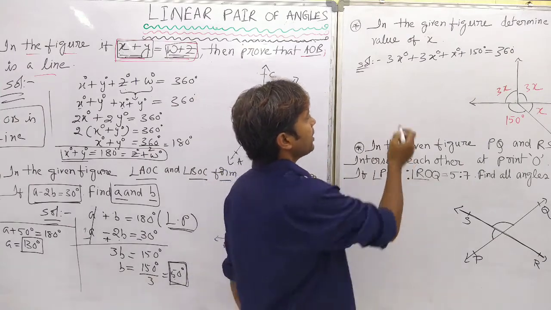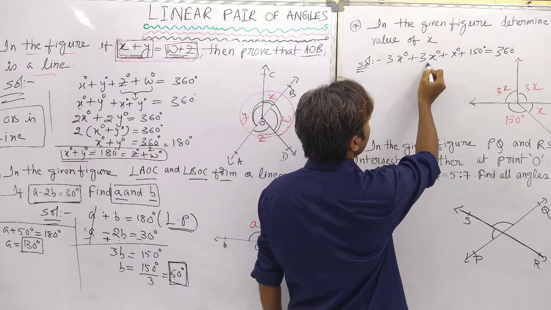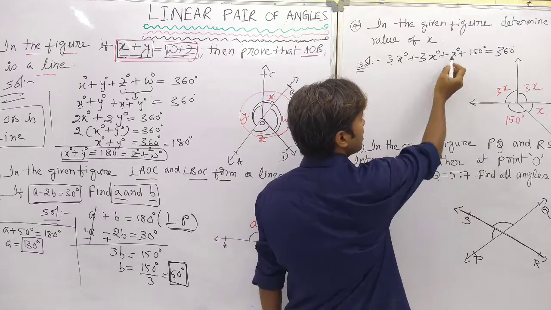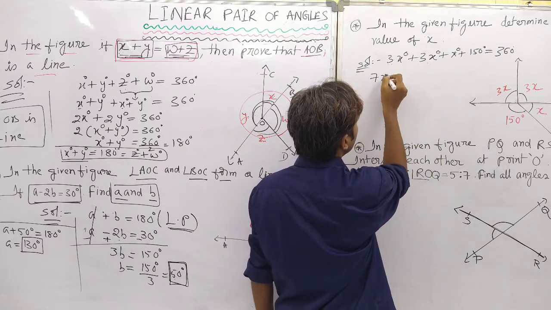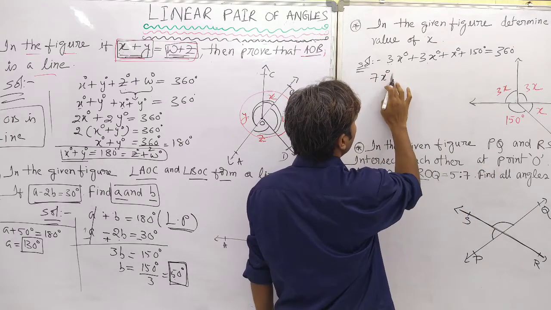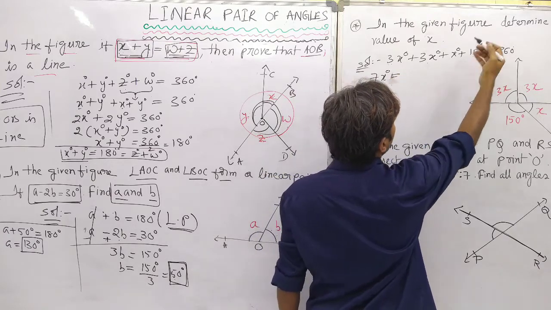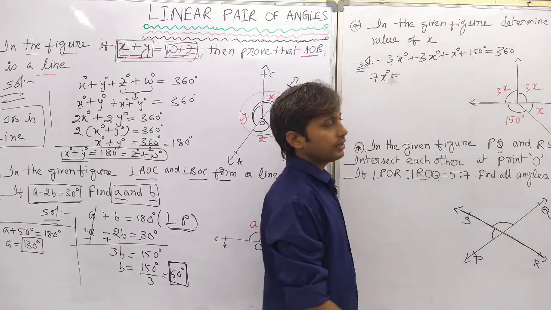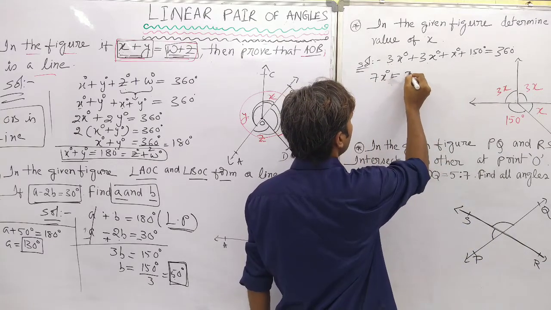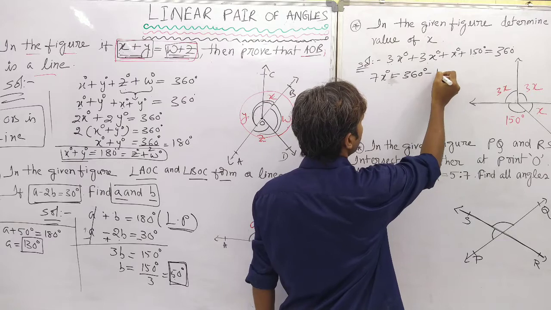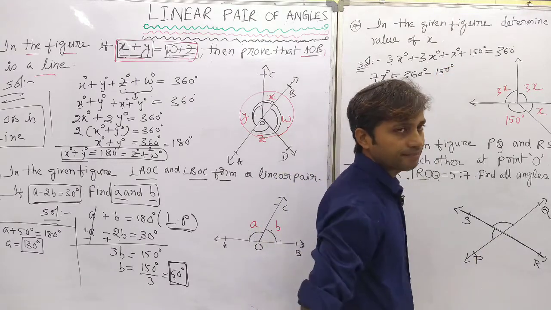Okay. Now how much is this again? 3x plus 3x, that would be 6x. 6x plus x would be 7x. I want to send this 150 to the other side of the equation. Then what does it become? Minus, or not? 360 degrees minus 150 degrees.